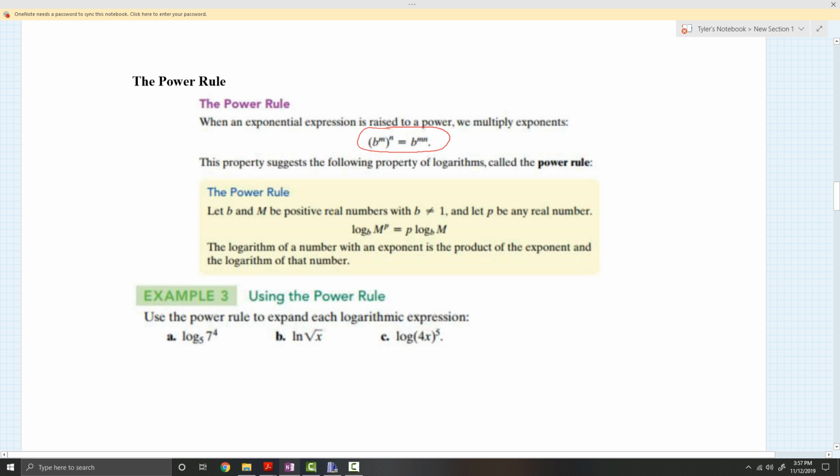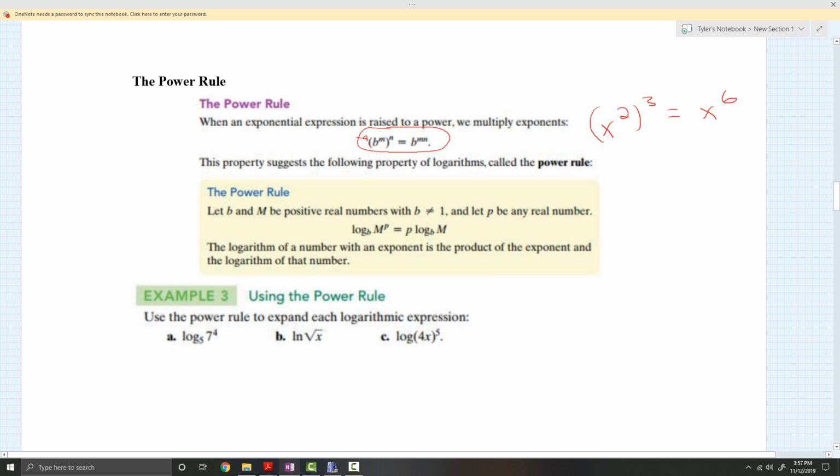If you have something raised to a power and that whole thing is raised to a power, as shown here, we have a base b raised to the m power, and then that whole thing raised to the n power. Then we multiply those together. For example, if you had x squared cubed, this is equal to x to the sixth. You take 2 times 3. So a power to a power, you multiply. That's known as the power rule.